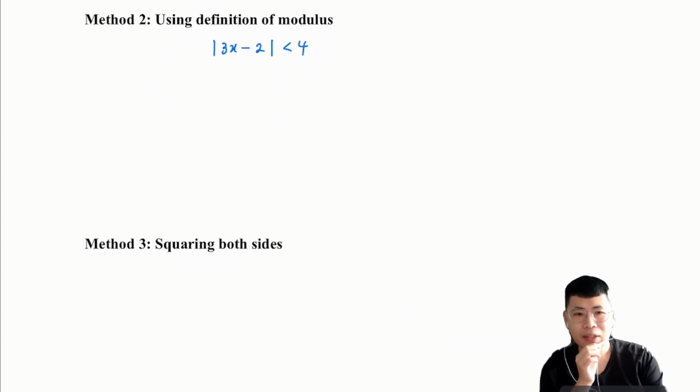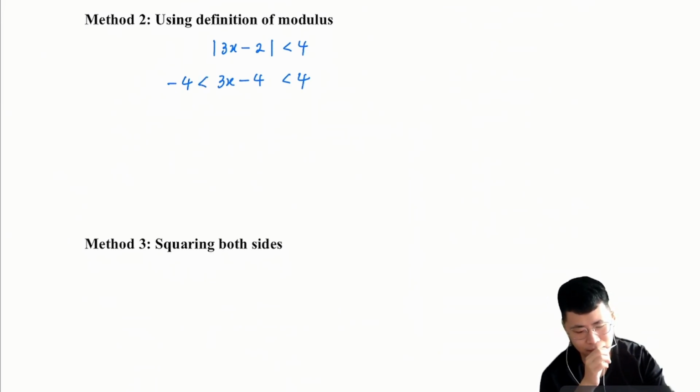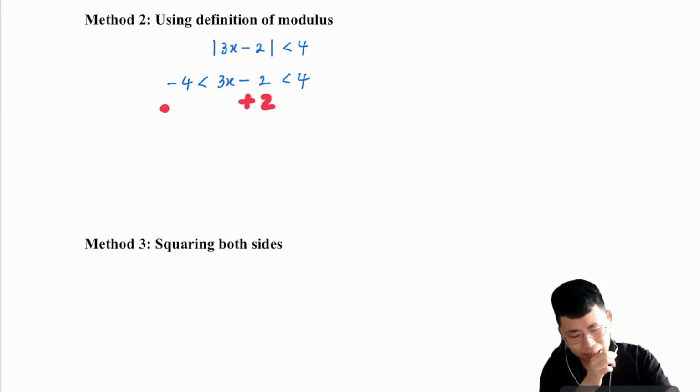Okay, so the second method that we're going to look at is to use the definition of modulus. What we can do is open up this modulus sign. This is a less than, so it means 3x minus 2 will be in between -4 and 4. Now I will make x the subject. I'll add 2 to all parts of the inequality.